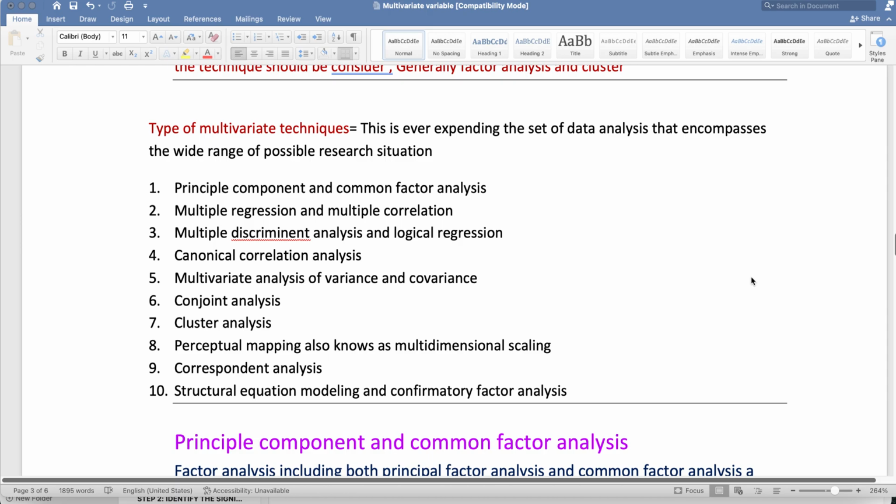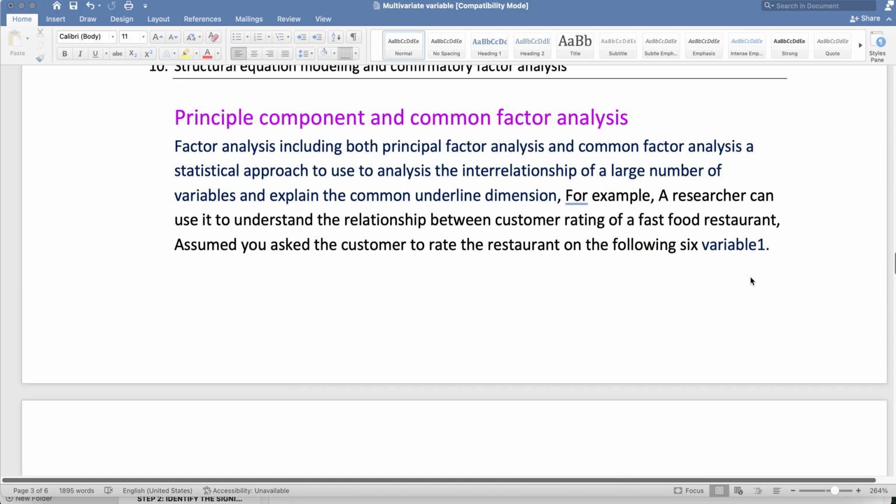Number four, canonical correlation analysis. Number five, multivariate analysis of variance and covariance. Number six, conjoint analysis. Number seven, cluster analysis. Number eight, perceptual mapping, also known as multidimensional scaling. Number nine, correspondence analysis. Number ten, structural equation modeling and confirmatory factor analysis.